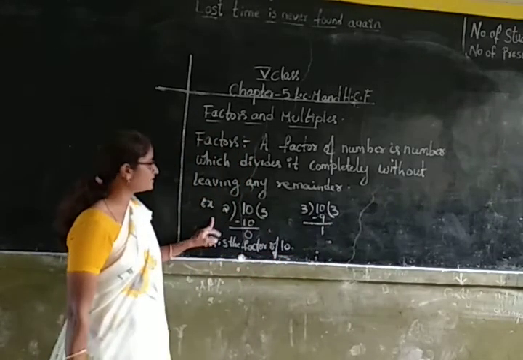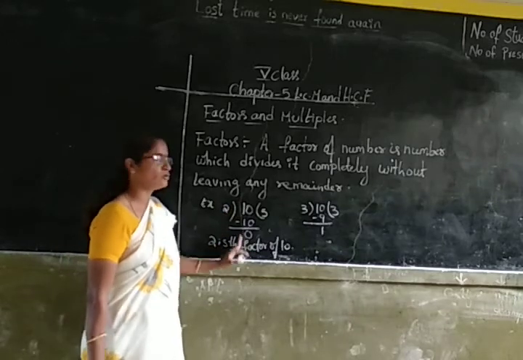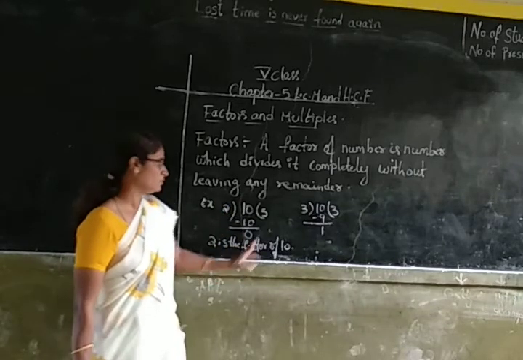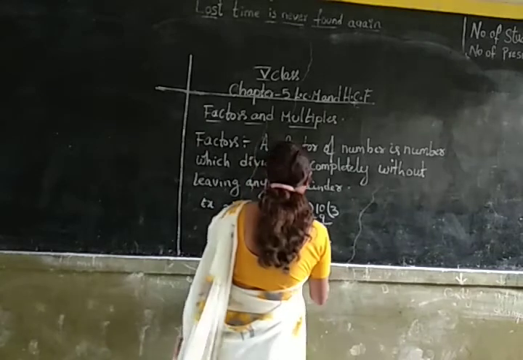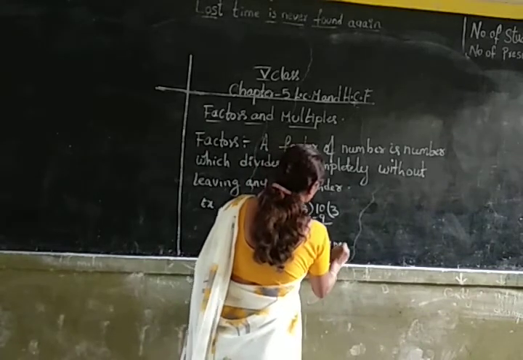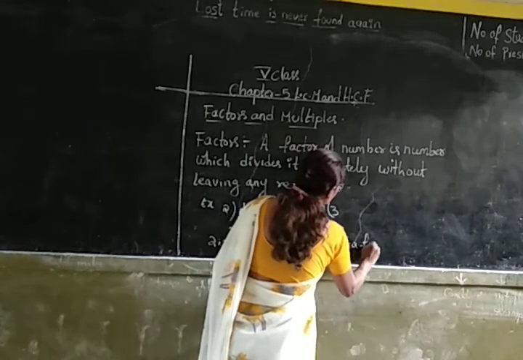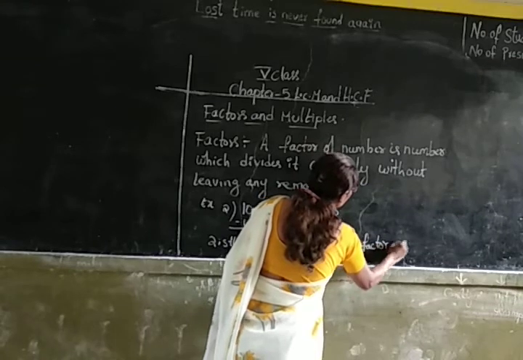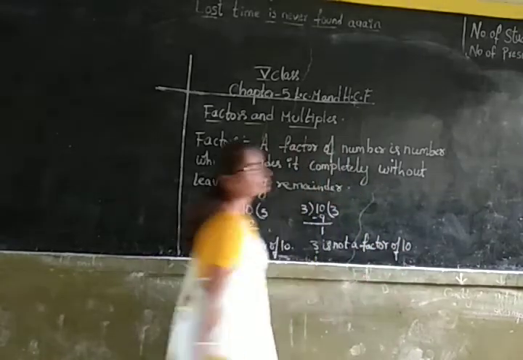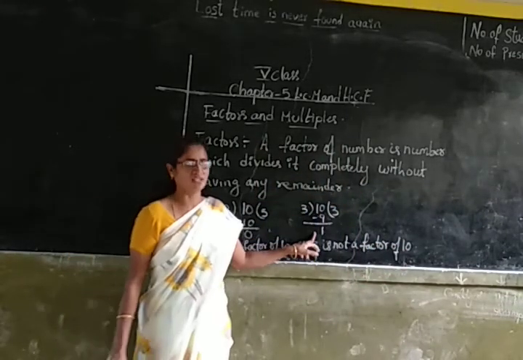Here 2 has divided 10 completely because we got the remainder 0. So 3 is not a factor of 10.